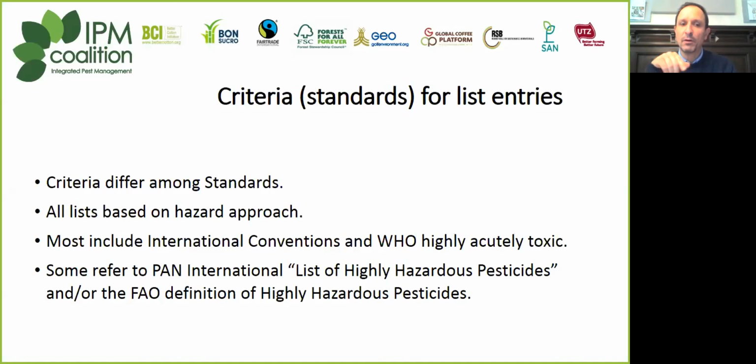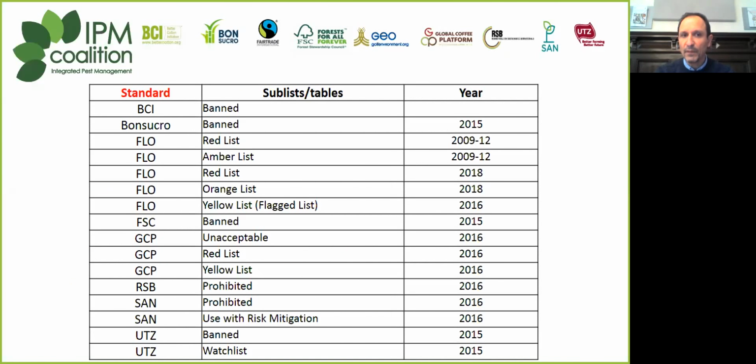As mentioned before, most of our members list the international conventions, and some of them refer as a reference to the PAN International List of Highly Hazardous Pesticides, which provides specifically a list. Which standards do we have in our database? We have 8 of the 9 members.